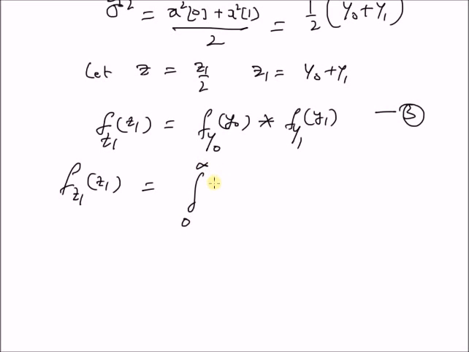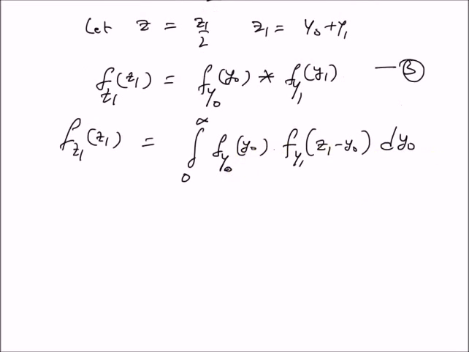Since y0 is equal to the square of x0, its limits are 0 to infinity. So the probability density function is the integral from 0 to infinity of fy0 of y0 multiplied by fy1 of z1 minus y0, dy0. That is, the integration is over y0. So this is the definition of the convolution function.